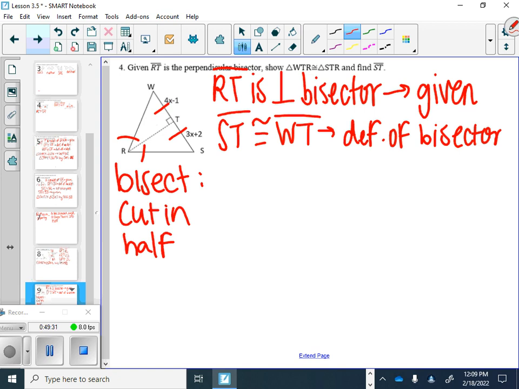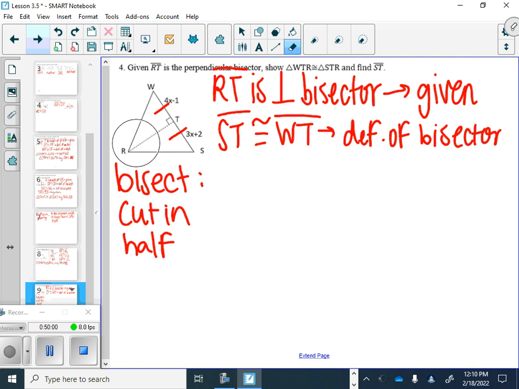The perpendicular bisector is just cutting the line in half. If I were told it was an angle bisector, then yes, you would be correct. But I wasn't specifically told that. You can't assume since it's a perpendicular bisector. A perpendicular bisector is only cutting the line in half. I would have had to be told this is an angle bisector too, meaning it's cutting that angle in half. Okay, but I like that thought.